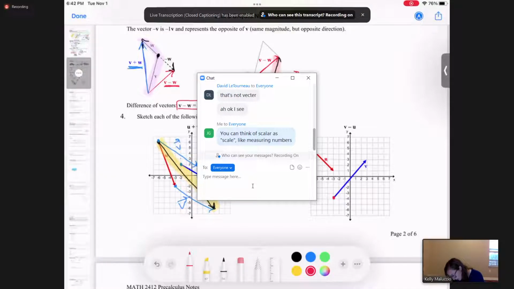So we also take this point and go down 8 and over 3. So something like this.